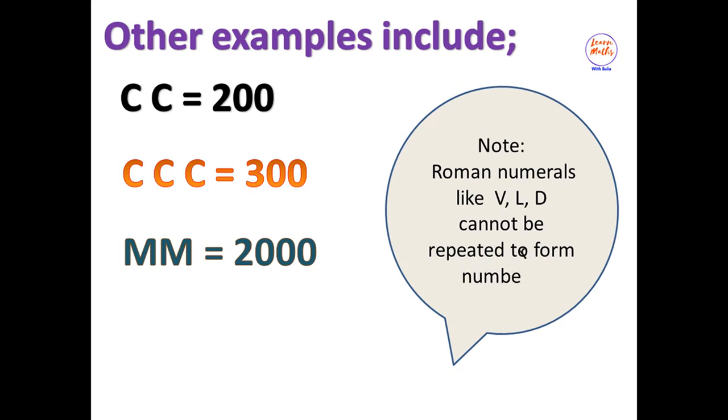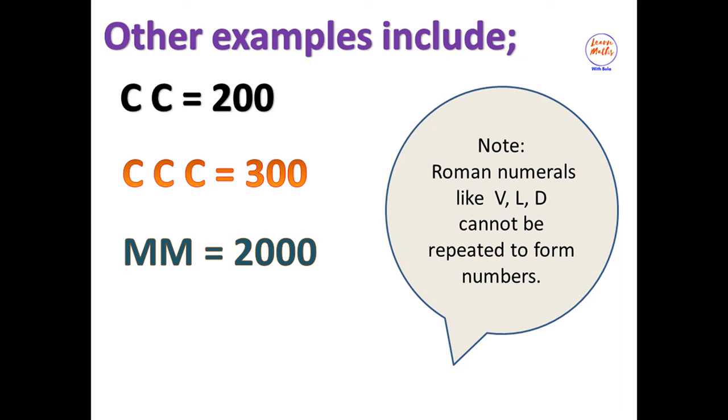Let's note this. The Roman numerals like V, L, D cannot be repeated to form numbers. What do I mean by that? You can't have VV. Don't forget that V is 5, and if you have VV, that will be 5 plus 5, which is 10. There is a Roman numeral for 10 already, so there is no point combining V and V. The same thing for 50.